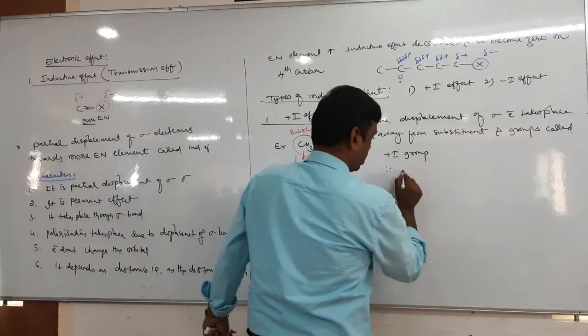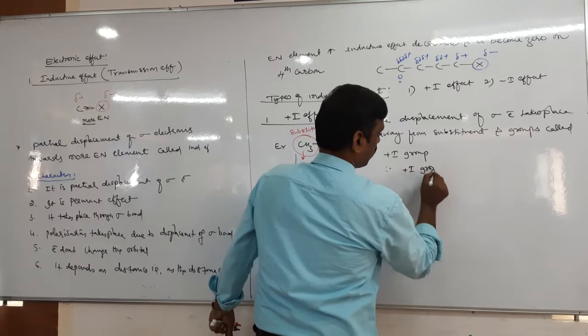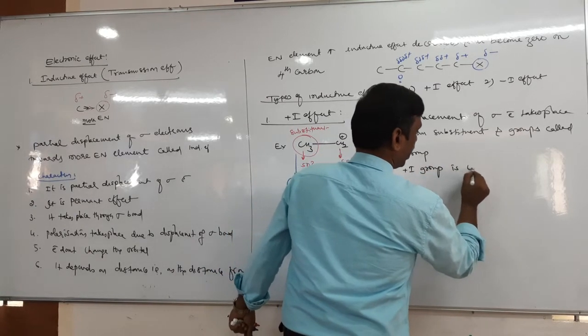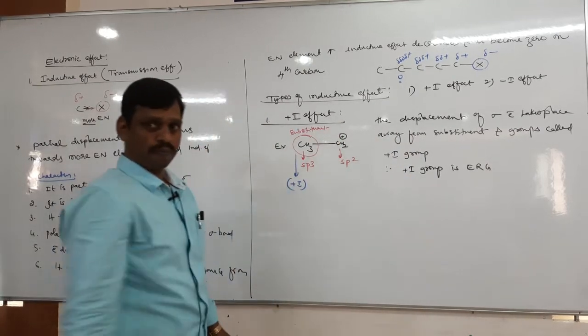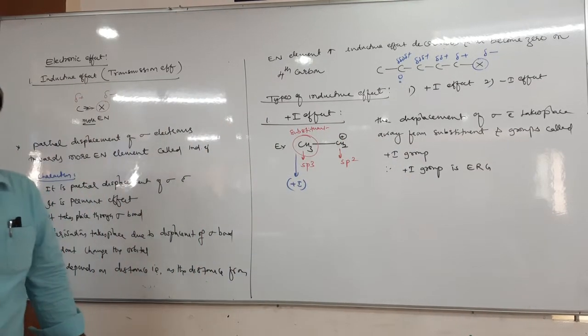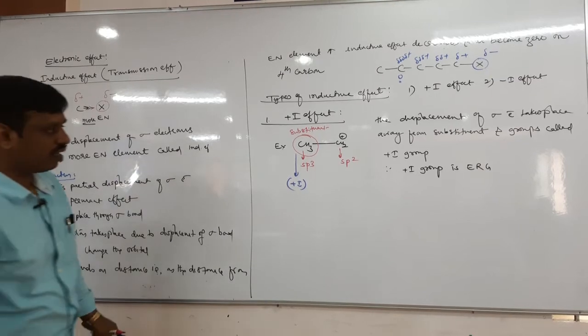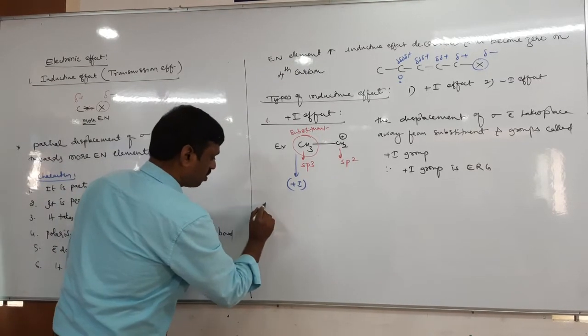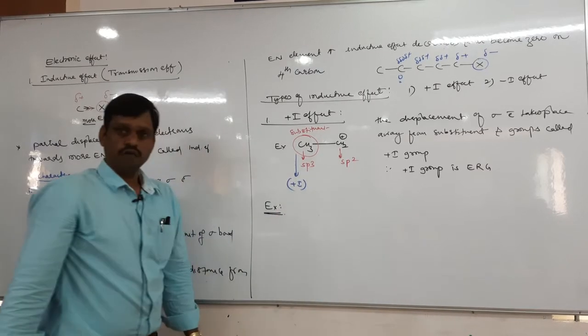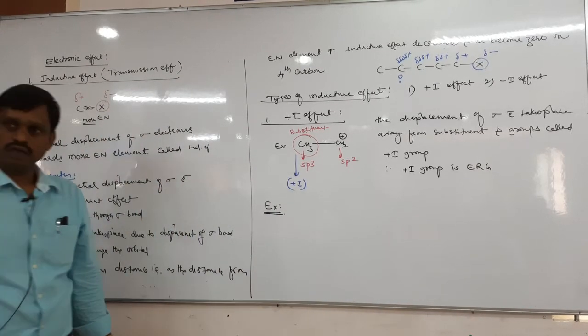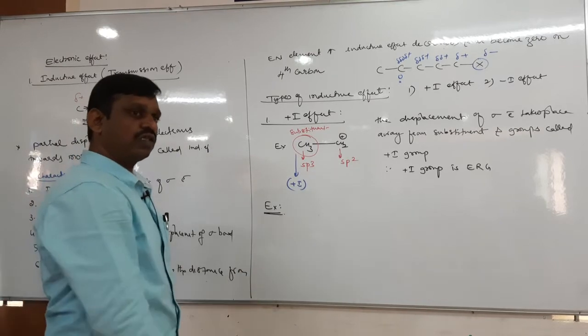Therefore, plus I group is electron releasing group, or it is also called electron donating group. Then tell me, what are the examples for electron releasing groups? We have studied this example. Anyhow, once again write clearly. What are the electron releasing groups?